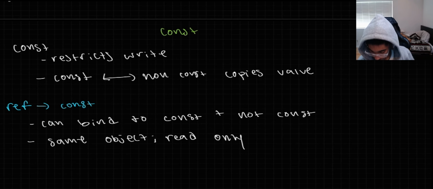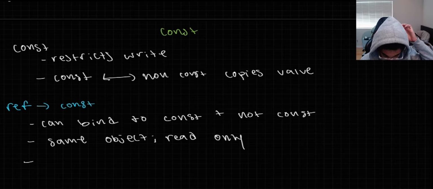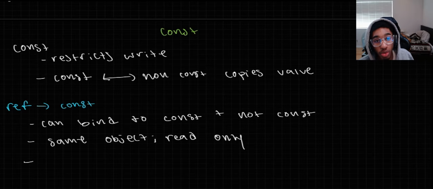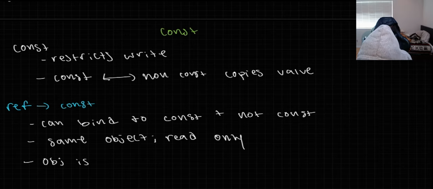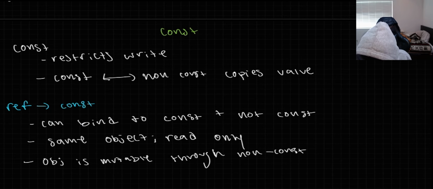And the object itself, not the reference, the object itself is mutable, but only if you are referencing through a non-const path. So object is mutable through non-const path.